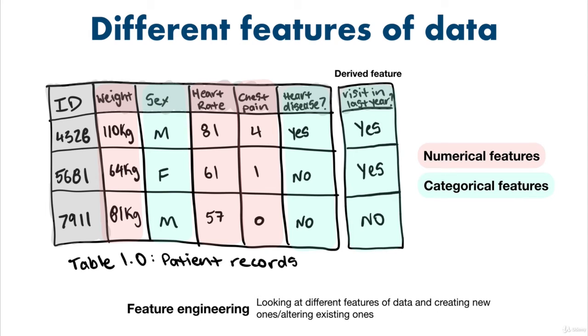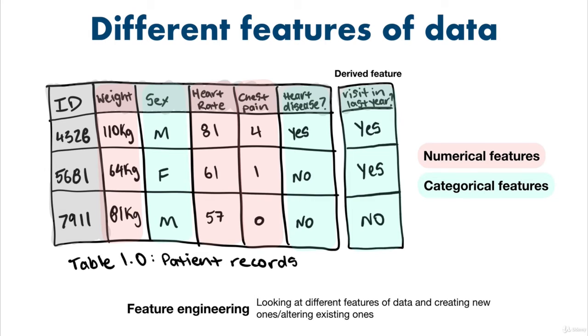For example, you might look at someone's hospital visit history timestamps, and if they've had a visit in the last year, you could make a categorical feature called visited in last year. If someone had visited in the last year, they would get true, or in our case, yes. If not, they would get false, or in this case, no. The process of deriving features like this out of data is often referred to as feature engineering.